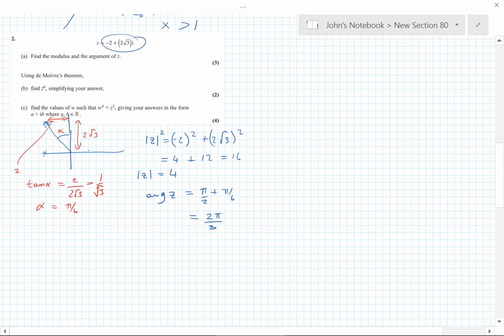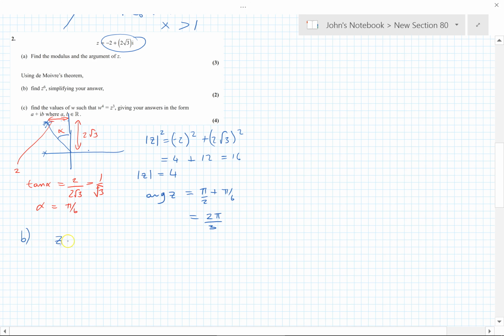Okay, so notice if you just put it lazily, just say it's arctan of minus 2 over 2 the square root of 3, that's just laziness and you're going to get the wrong answer. So you do need to take care when you find any argument when it's not an acute angle between 0 and 90. Okay, so we're on to part B now.